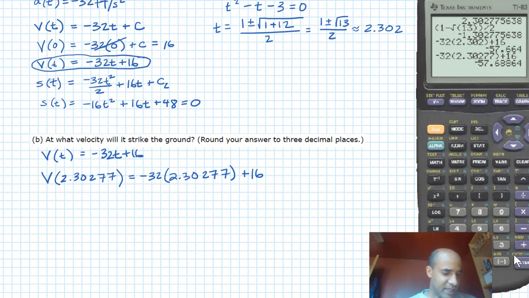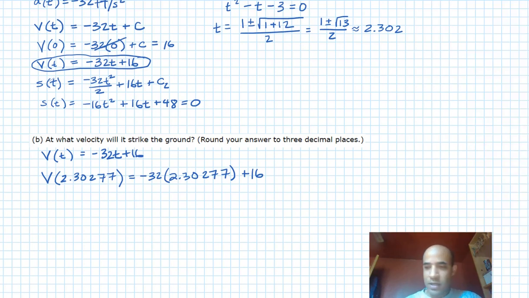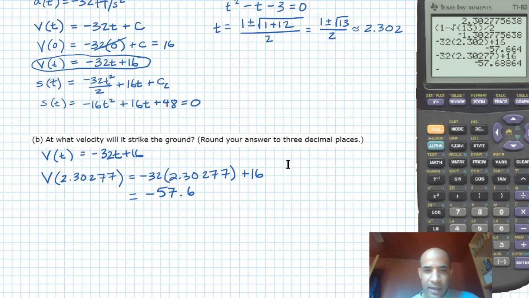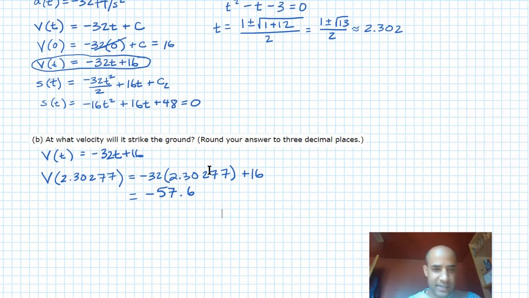And this gives me approximately negative 57.689, right? Because if I round to 3 decimal places, it'll be 689. Good. So 6, 8, 9.